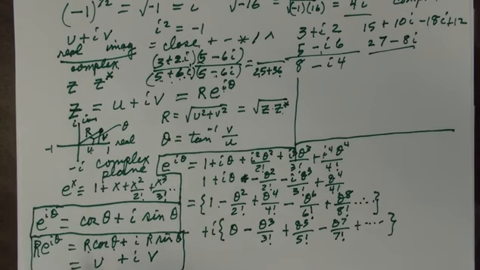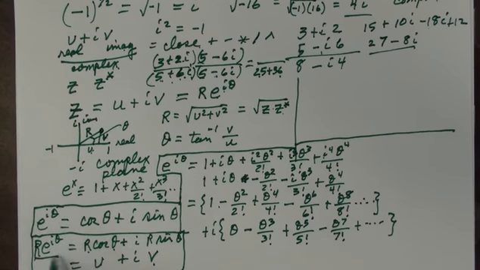And this connects our u and v, which is what you might call the Cartesian versus the rotational or the angular version of a complex number. So we need to be able to move back and forth between this form of a complex number and this form of a complex number.